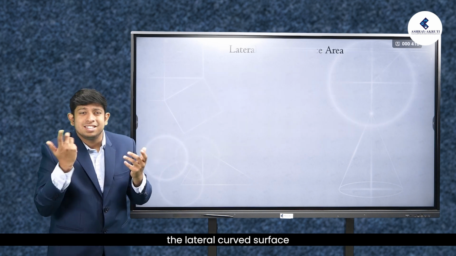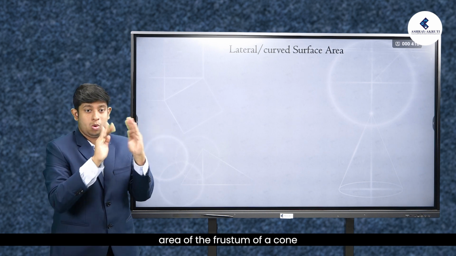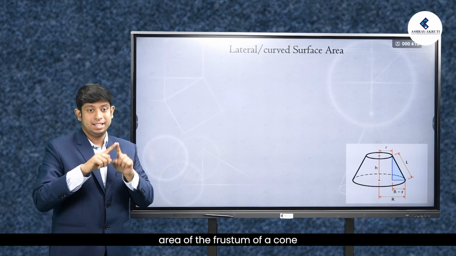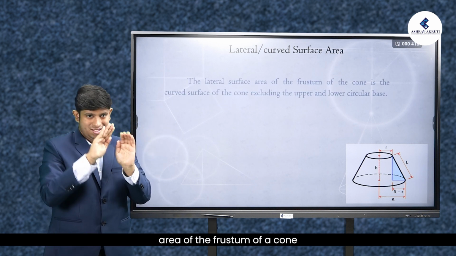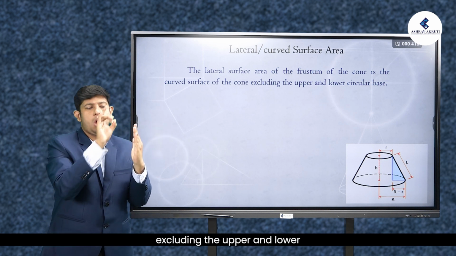Now we will understand the lateral curved surface area of the frustum of a cone. The lateral surface area of the frustum of a cone is the curved surface of the cone excluding the upper and lower circular base.